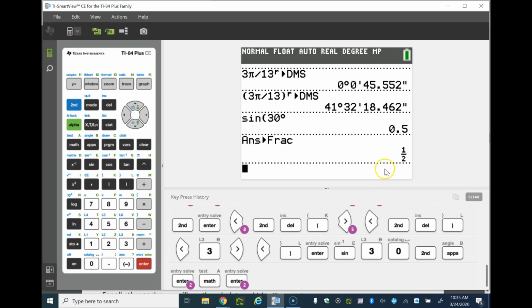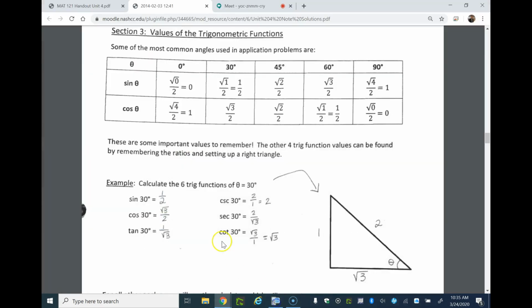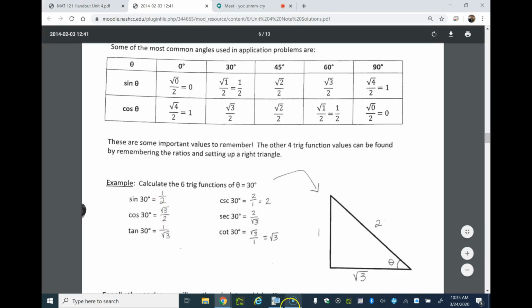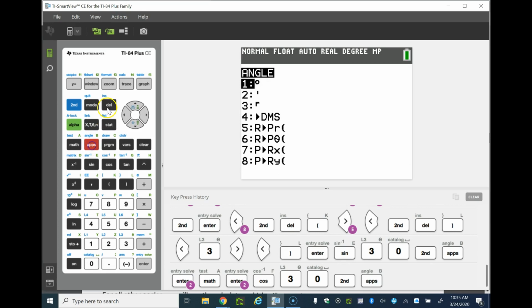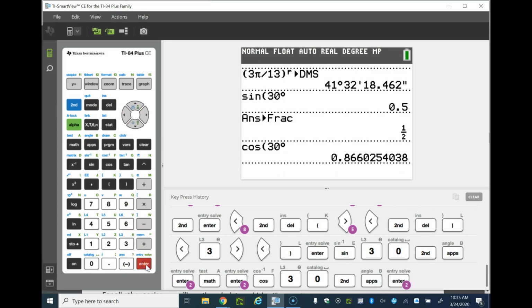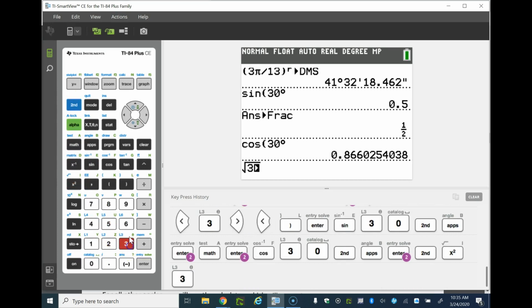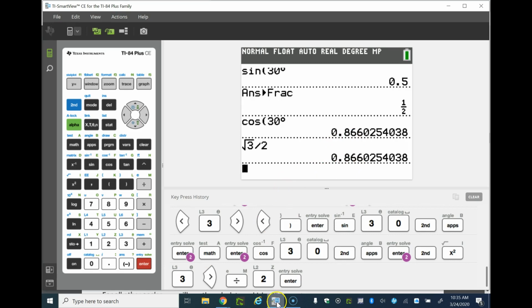But if you do cosine, you get a weird decimal. But this is actually saying the square root of 3 divided by 2, and this is the answer here.